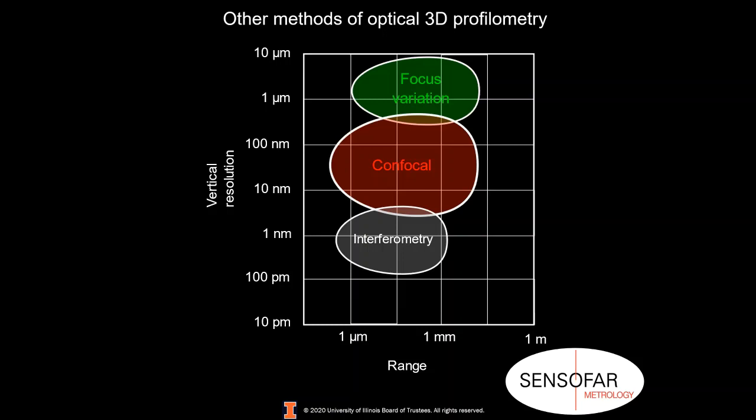I tested Olympus, Keyence, and Zeiss when we were buying our instrument, and I liked them all, but there were some things that were better on one, some things that were better on the others. So it was really in the detail.